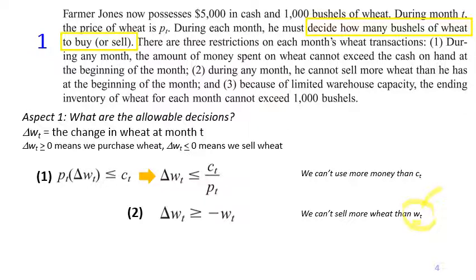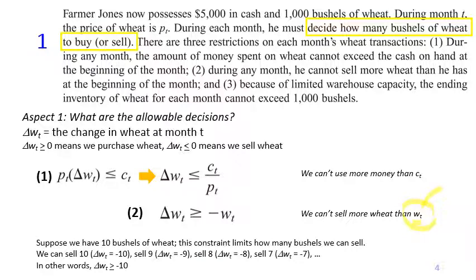Okay, so the second constraint says that the amount of wheat that we sell must be greater than or equal to minus WT. If this doesn't seem logical at first, let's put some numbers to illustrate why this constraint is actually logical. Let's say you have 10 bushels of wheat at the beginning of the month.